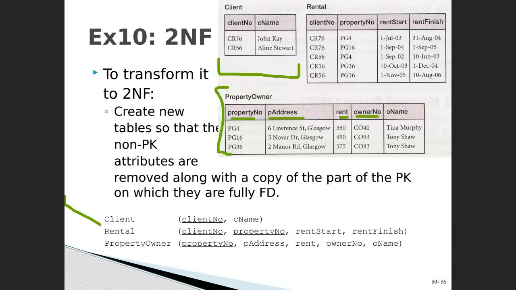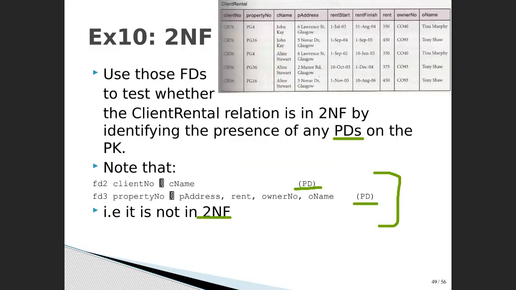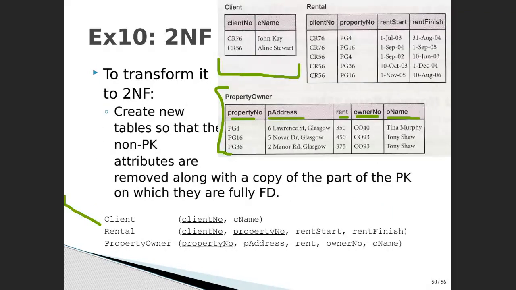This is the second one. So the first partial dependency is client number, client name, and the second partial dependency is property number and property address. So they place them into separate relations along with their determinant or the key. The key is there: property number and client number.